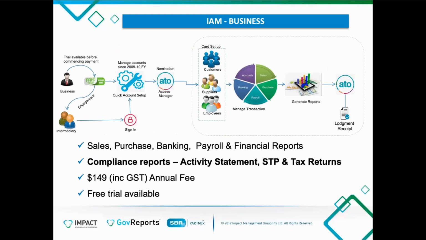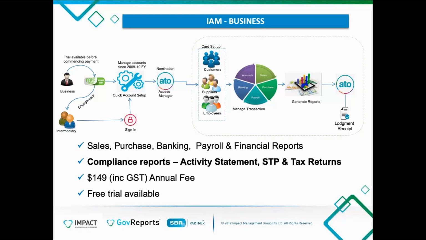Then the other version of the product, which is a bit bigger, has sales and purchases and banking and payroll and financial reports. So it is, as I said, an accounting package that is very small but gives the client a lot of capability, in that the information for their activity statements can be there, their single touch payroll and tax returns as well.